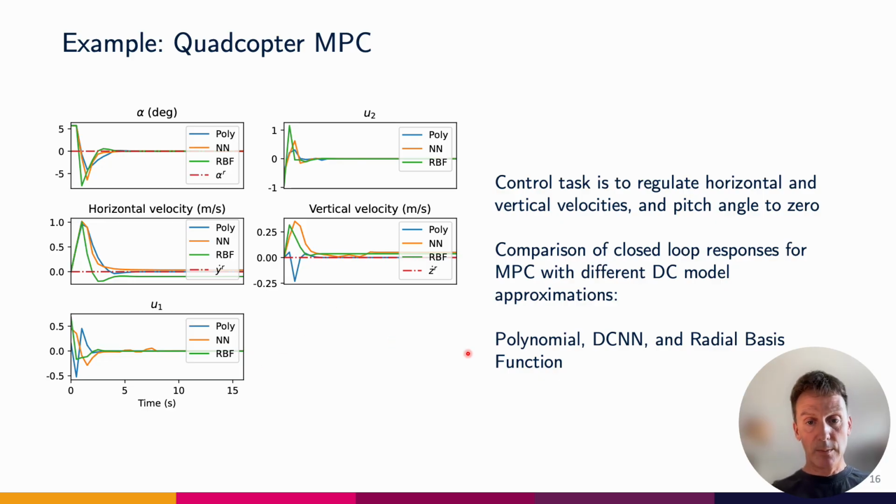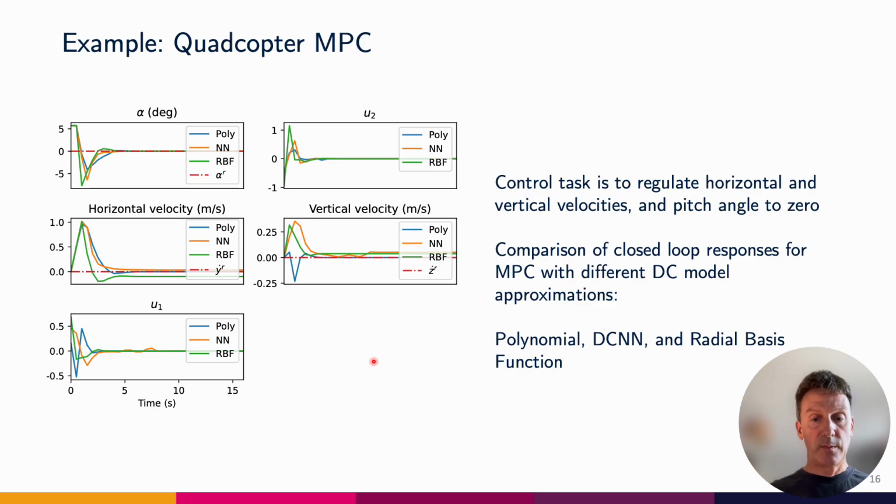There are the 2 methods that I've just described, the polynomial and the DCNN DC decomposition, plus a third method based on radial basis functions, where we train a radial basis function representation of the system dynamics and then decompose this into a pair of convex functions.